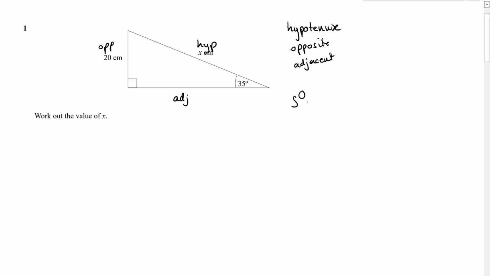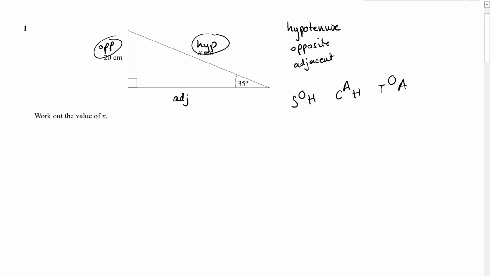The next thing is just to sketch down SOHCAHTOA, because this is going to tell us which function, sine, cosine, or tan, we're going to use in order to solve for this distance here. In this example, we have an opposite, but we also have a hypotenuse.